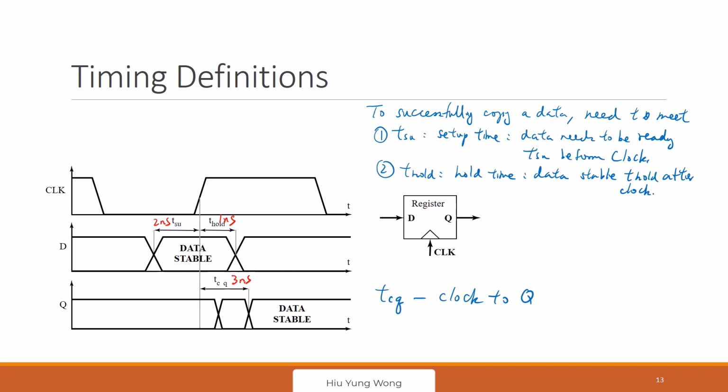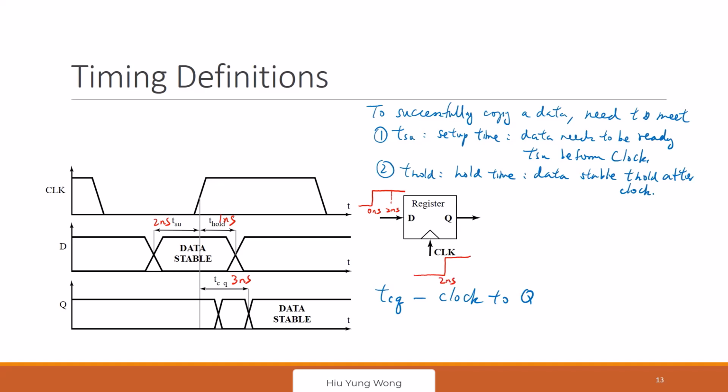It basically is saying that if my pulse comes in here, let's say this is 0 nanosecond, I go up, I need to wait at least 2 nanoseconds before the clock comes in. This is 2 nanoseconds.